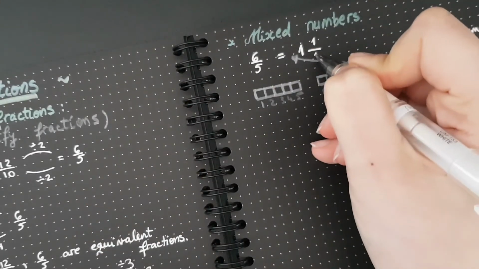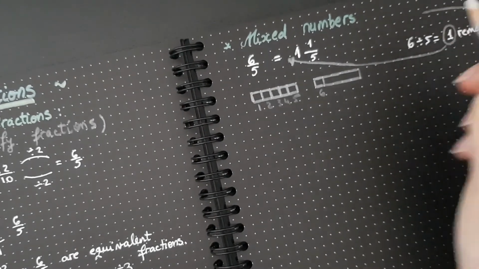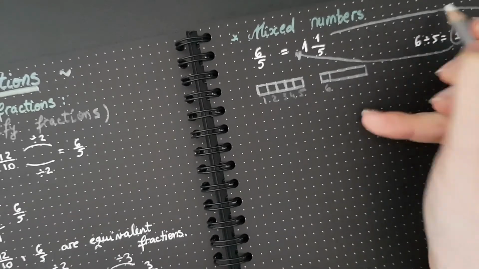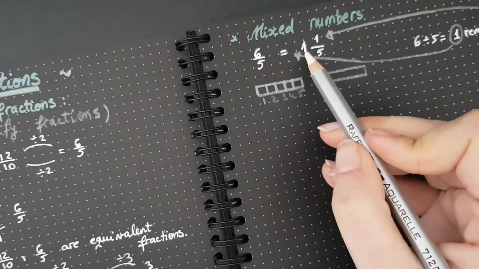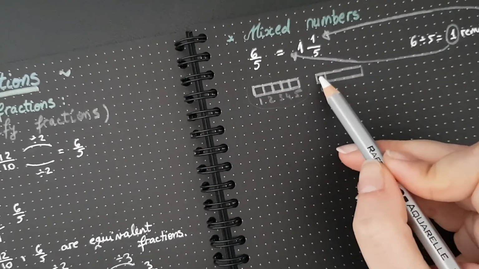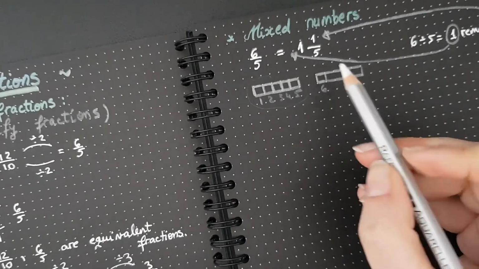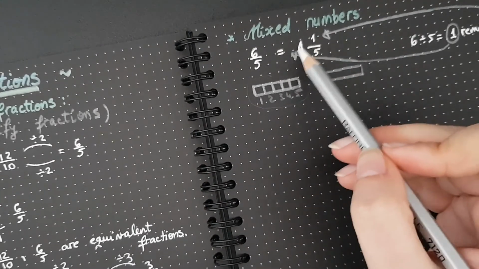That's my remainder on top of the 5. So this tells me I have 1 whole and 1/5, which is exactly what I have here. 1 whole and 1/5.